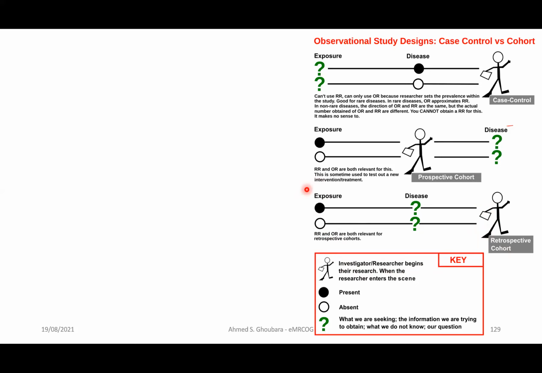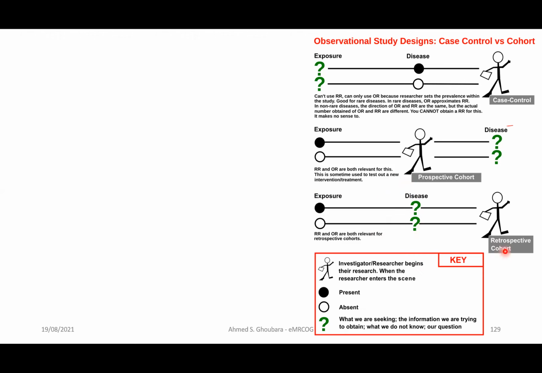We ask, lady, we got your case notes from the hospital. You were using HRT like in 2010. So could you please tell us about your health today? Have you ever noticed a lump in your breast? Did you, God forbid, get cancer, so we end up with disease and no disease. Or you go to the medical record to figure out which patient got cancer, no cancer.